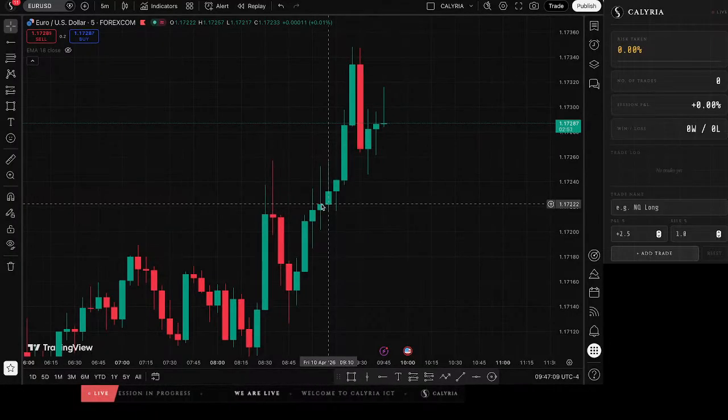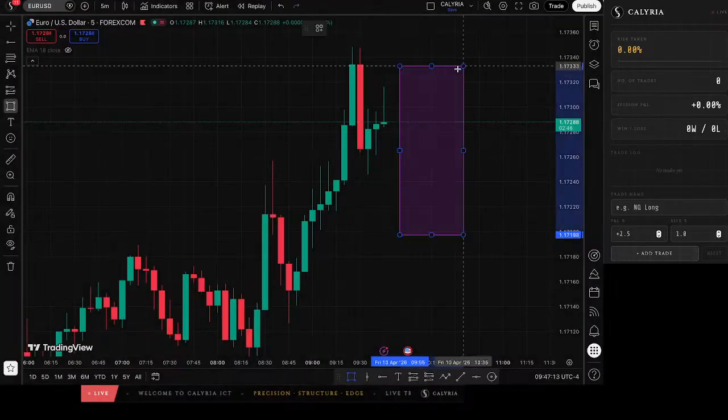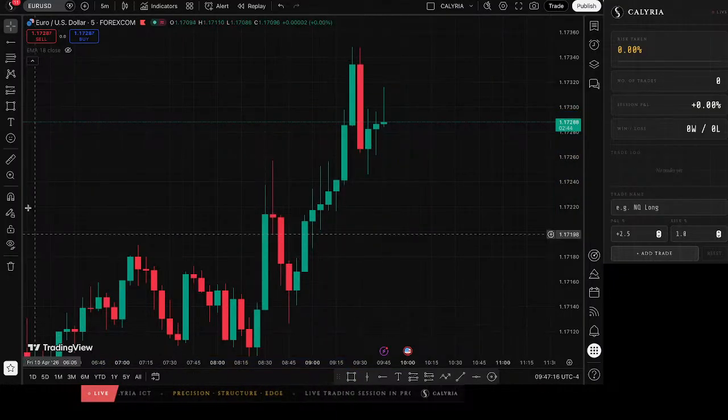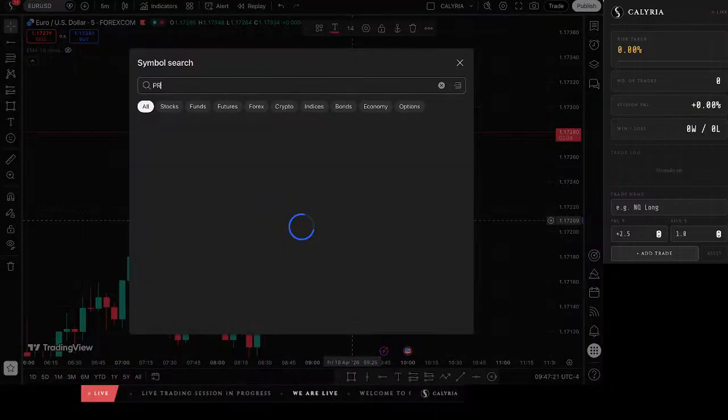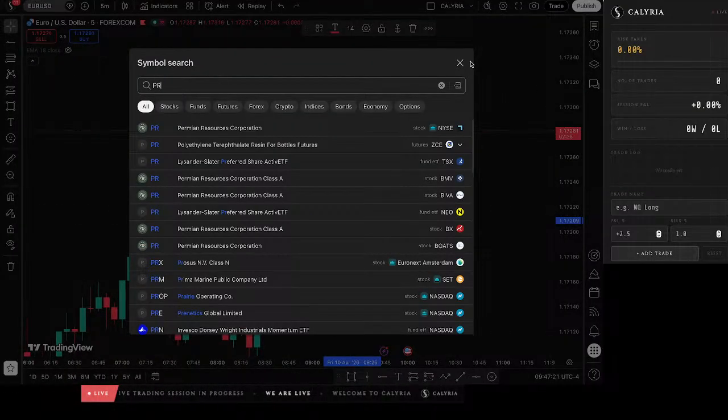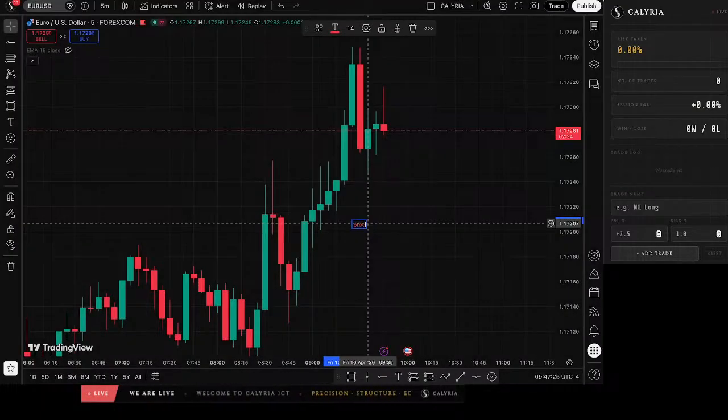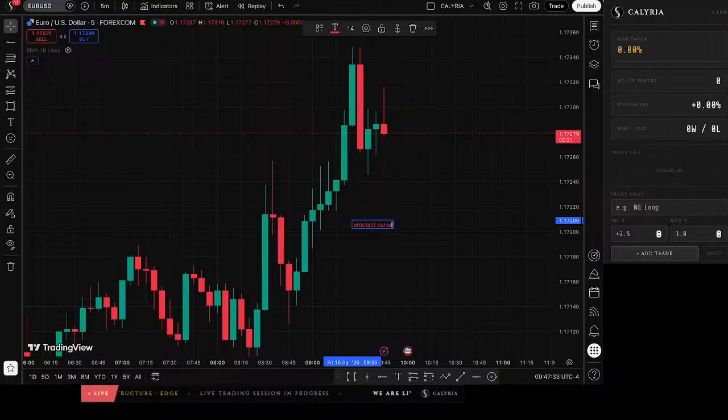So let me write it. Here in the text menu, where is it? Protect ourselves from being stopped out.